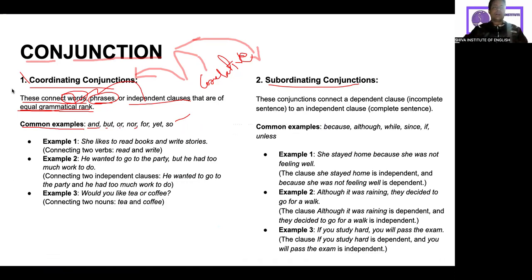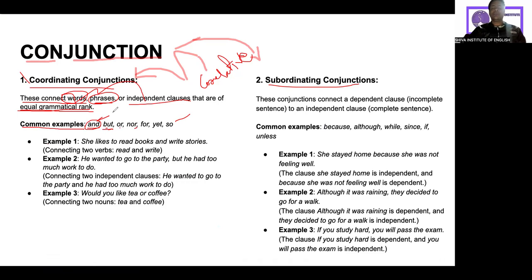Coming to the next one: and, but, or, nor, for, yet, so. They do have some jobs. And is a coordinating conjunction, but is also a coordinating conjunction. What do they do?